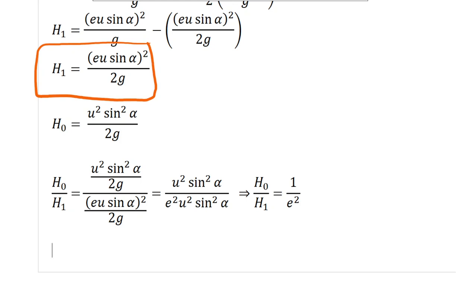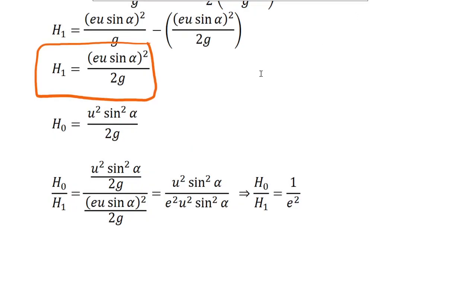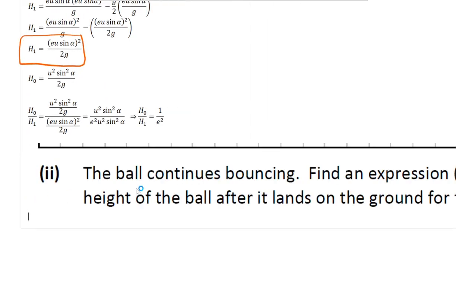Okay, then. Now, what's the next part? Okay, there's a page and a half of that. So the ball continues bouncing. I'm just going to zoom out so we can zoom this in. So the ball continues bouncing.